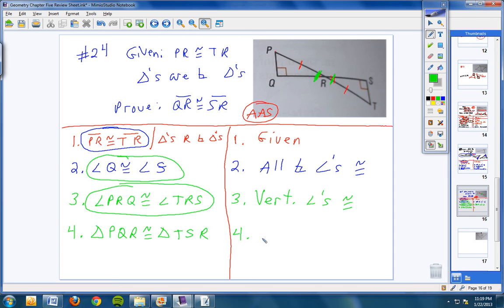And the reason, of course, is angle, angle, side. And then once you state the triangles are congruent, you can now state that QR is congruent to SR. And I really like CPCTC, but if you don't, that's fine. You can just simply write out corresponding parts are congruent.